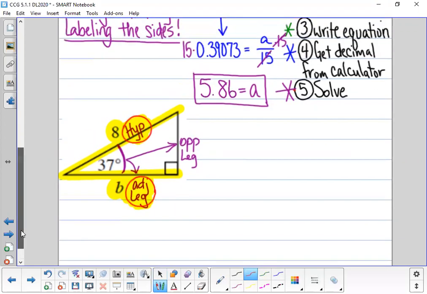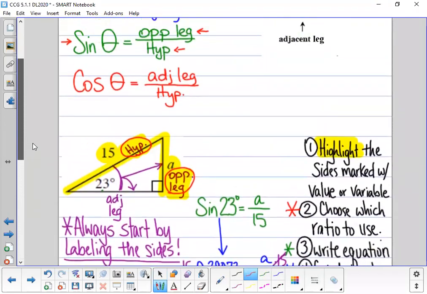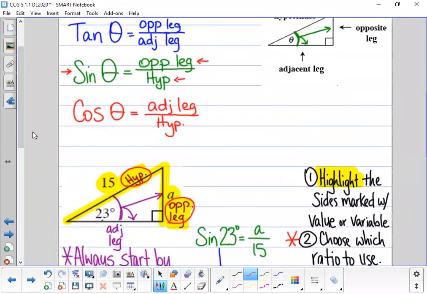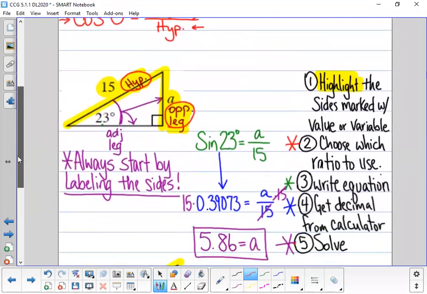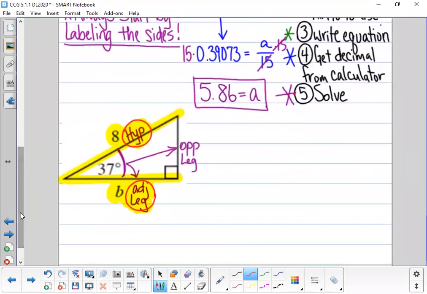So I go back up to my 3 trig ratios and I see which one has hypotenuse and adjacent leg. There's adjacent and hypotenuse. I'm going to use cosine of theta. So now I'm going to use the cosine ratio. So next step is to write my equation.